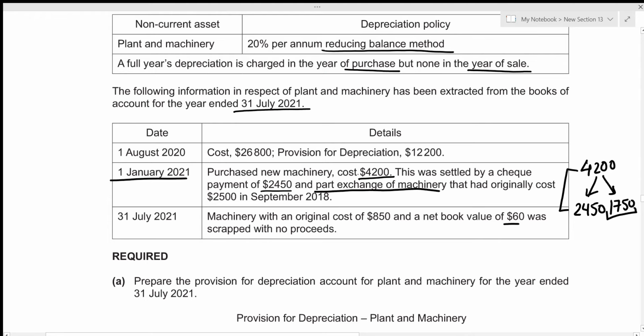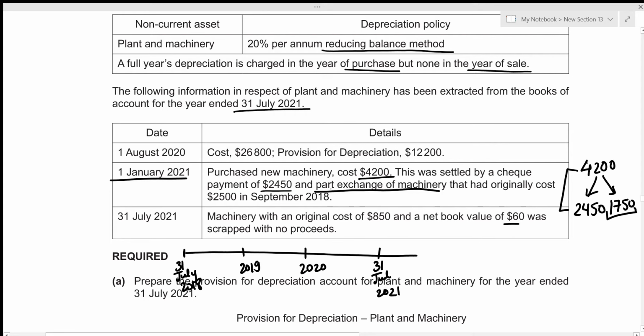So the part exchanged machinery had originally cost 2,500 in September 2018. So let's just make a timeline. So our year end is 31st July, right? So this is 31st July 2018. Then that's 2019. That's 2020. And we require the provision for depreciation at 31st July 2021.